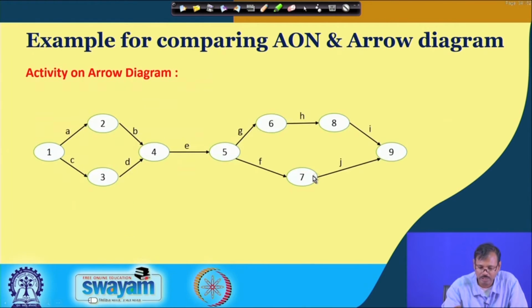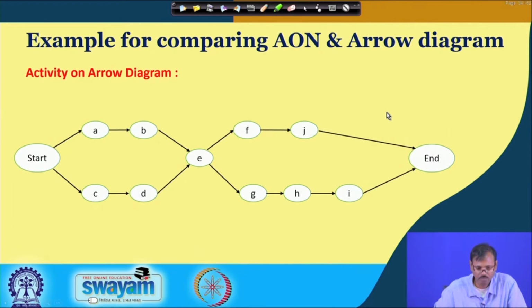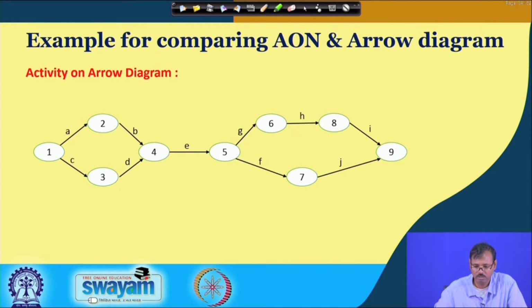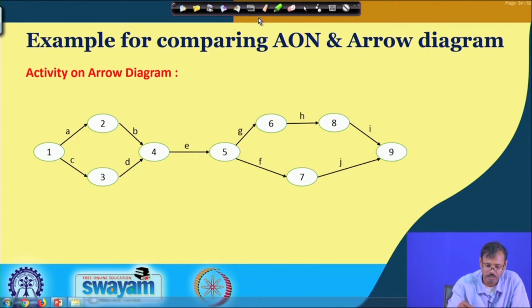Let us see the network. The activity on node network will be represented like this. The activity on arrow diagram is represented like this.